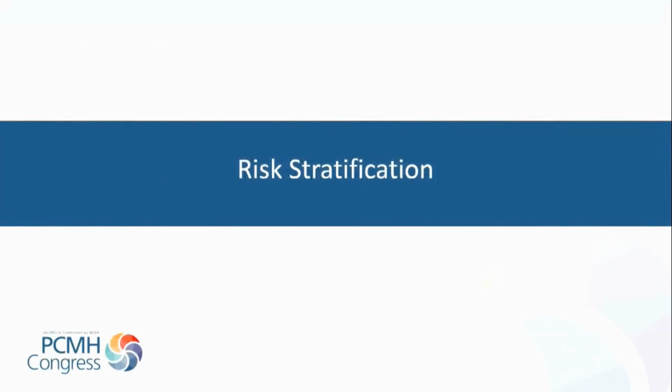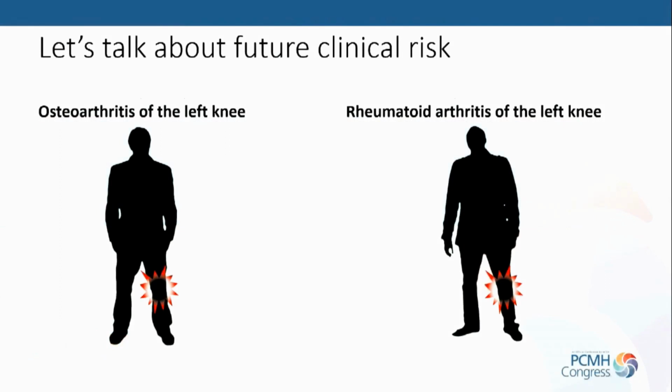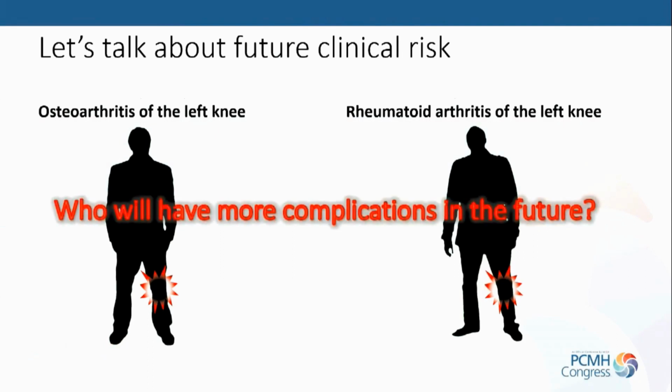But first, let's talk about risk stratification. So here we have two patients, one of whom has arthritis of the left knee. The other has rheumatoid arthritis of the left knee. Knowing nothing else other than that, osteoarthritis versus rheumatoid arthritis, who would you predict would have more complications in the future?